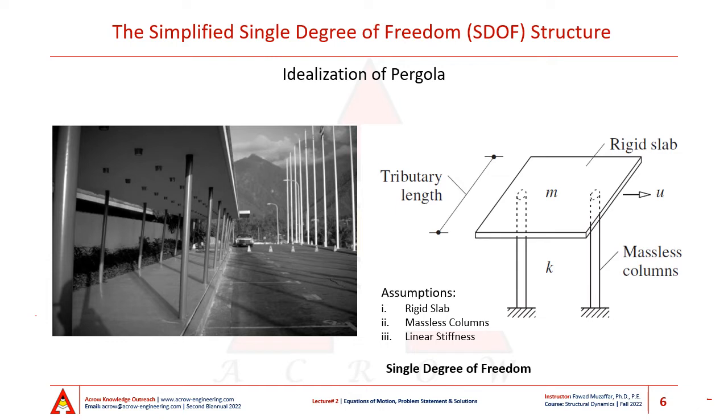Next, let's start looking at actual problems that can be categorized as single degree of freedom systems. On your left, a structure is shown which is basically a pergola, and the problem at hand is to calculate the dynamic response of this structure due to lateral loading in this direction.